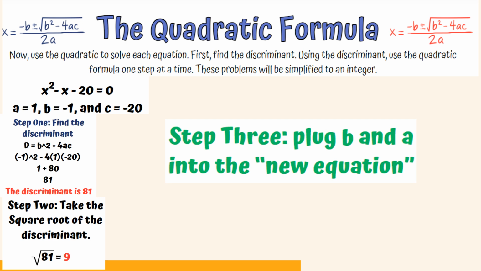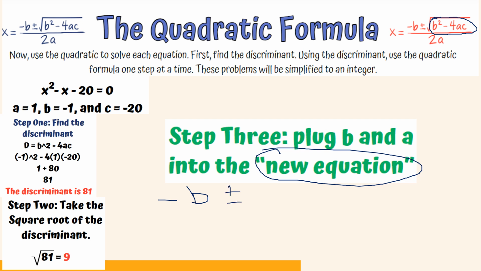Okay, so now what we have, what we're calling a new equation, but really it's not a new equation, we're just simplifying. Let's back up and think real quick about what we've done so far. We found this discriminant, which is underneath your radical sign, your B squared minus 4AC. So we hadn't touched the B from our quadratic formula, so we're going to write down B plus or minus, and we figured out the square root of the discriminant is 9.